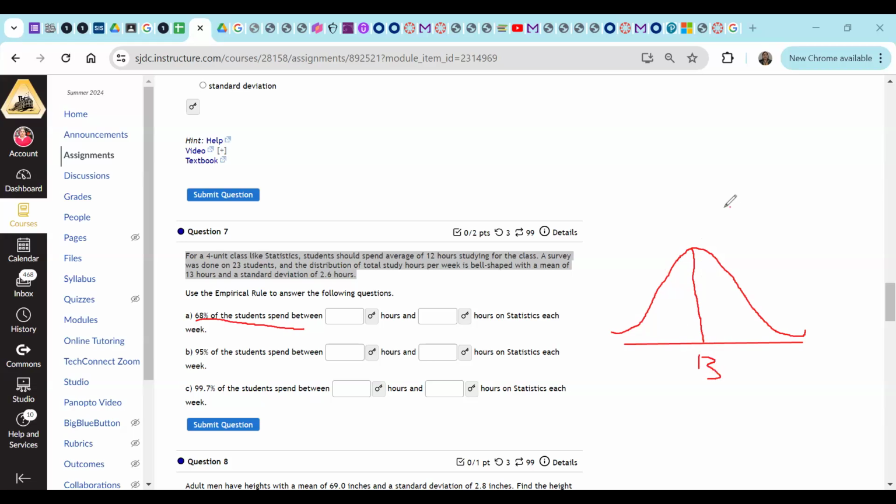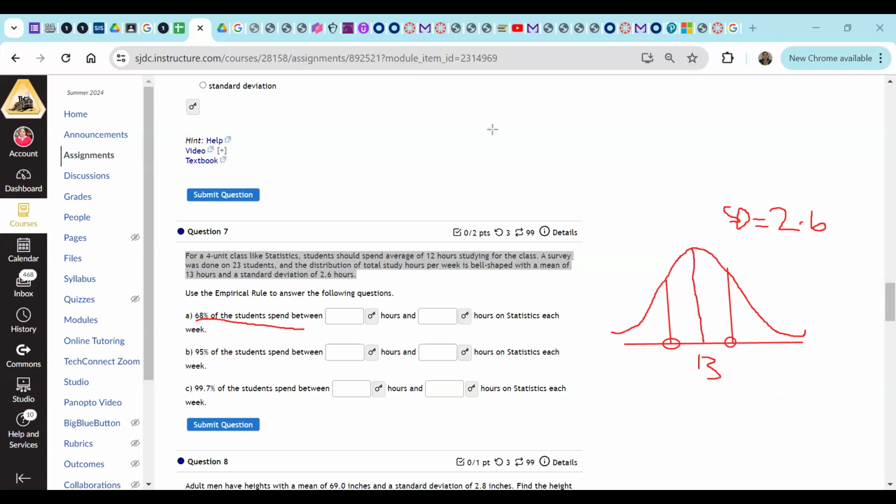And the standard deviation they have given us is 2.6. So here is 1 standard deviation to the left. Here is 1 standard deviation to the right. And that covers 68%. And what they want us to do is find this number and this number. That's what we're finding. 68% is given.